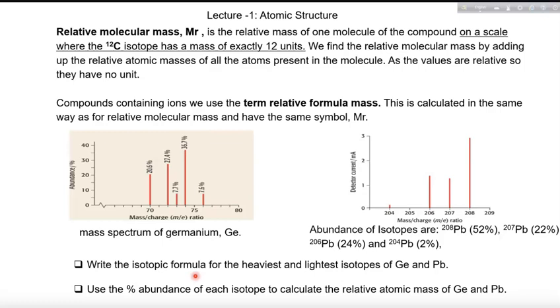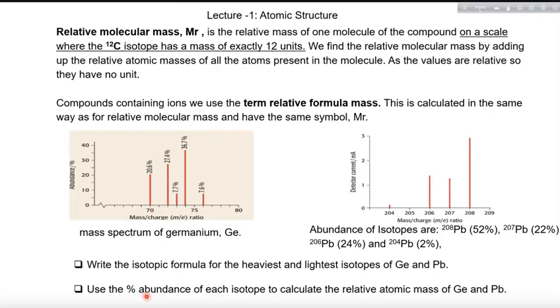So how can we see it from the peak? You see, this is mass by charge. The heaviest one should be the higher number of peak we are getting in mass, and the lowest one in the mass number is the lightest one.